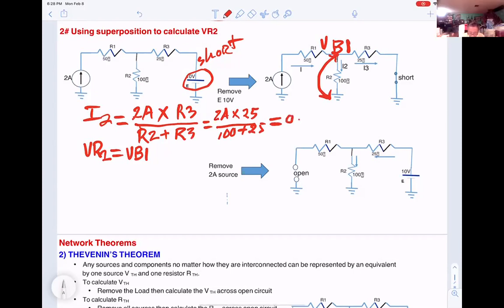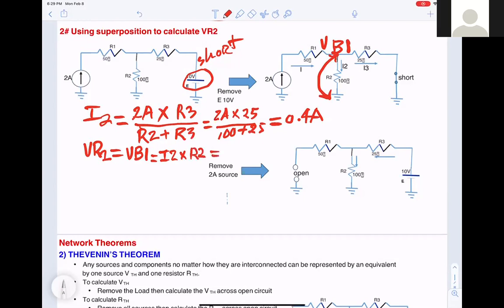And VB1 will be I2 times R2. Should be 40 volts. Equal what? 40 volts.